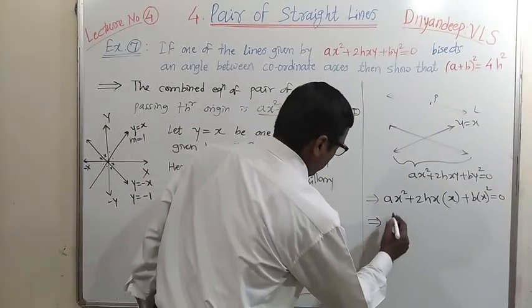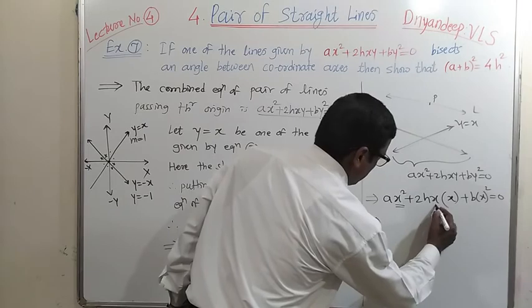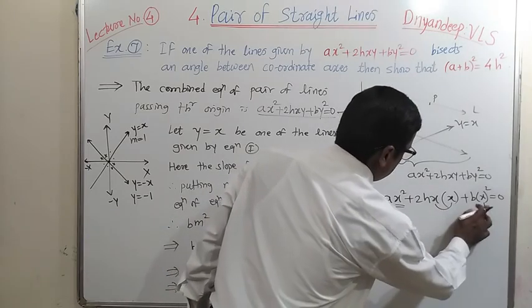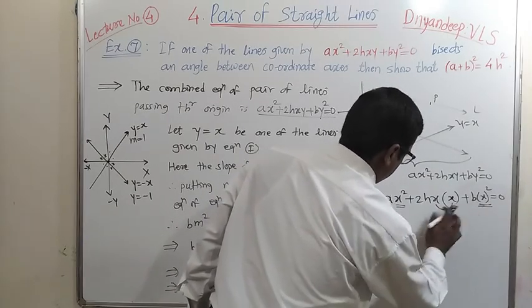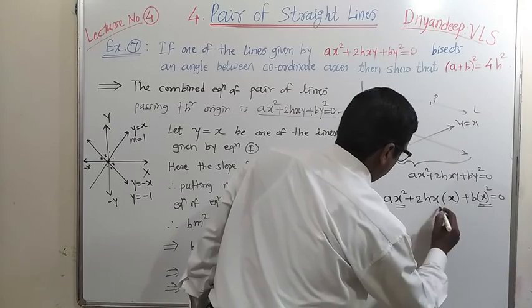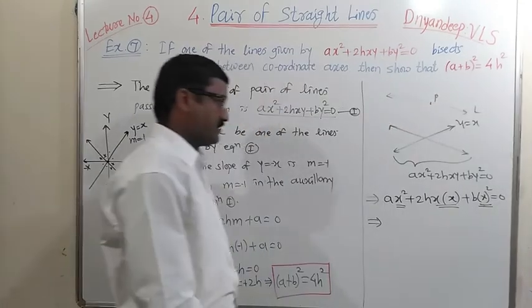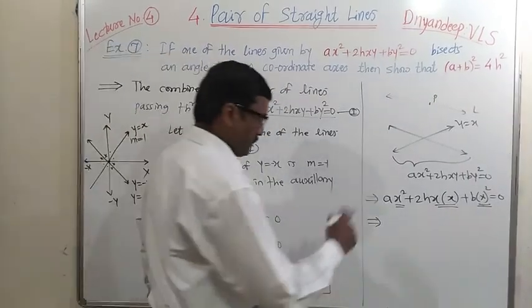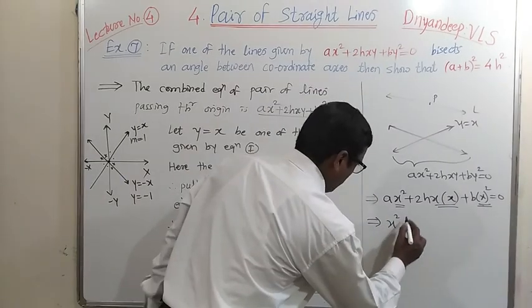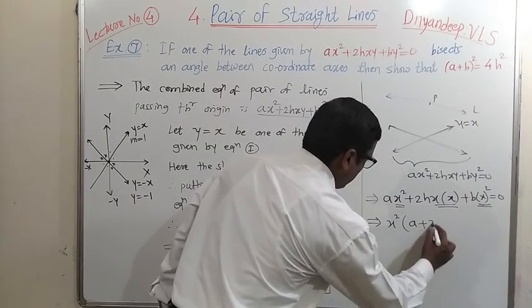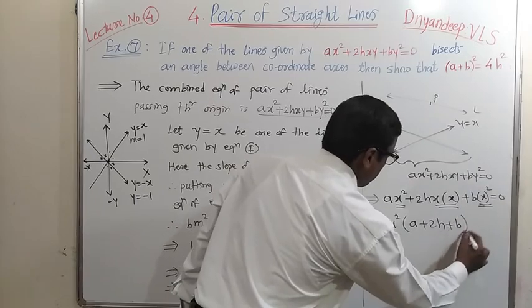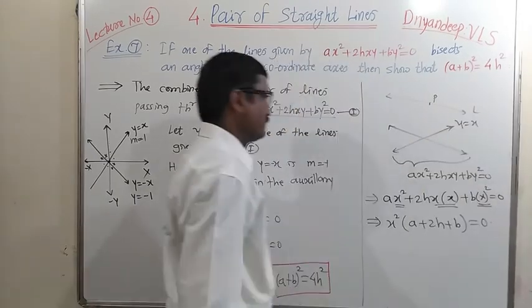So this implies x square, x into x, and x square here. In each term there is x square. So take that x square common. A plus 2h plus b equal to 0.